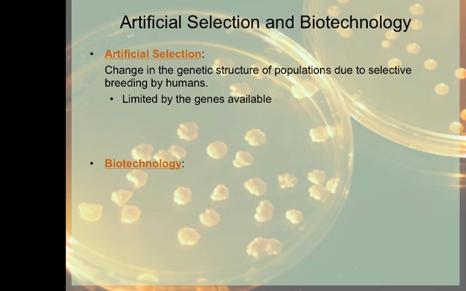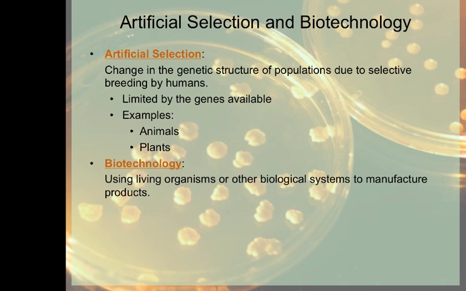Selective breeding is limited to the genes that are available in your organism. Good examples are dogs or horses that we breed to have certain traits, or household crops like tomatoes. Two, in the laboratory you can manufacture organisms by inserting genes that possess the characteristic you desire.